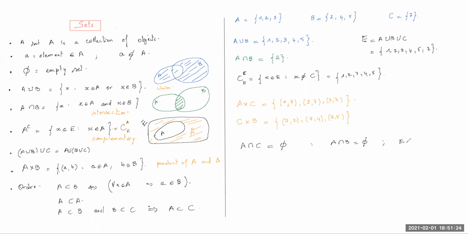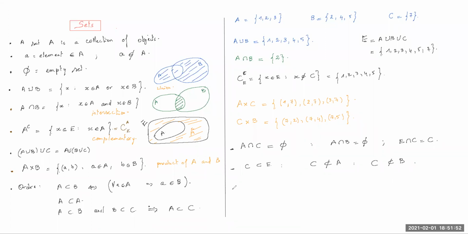A intersect C will be C. It's the smallest. Now, for comparison, we can say that C is included in E. C is not included in A. And C is not included in B.